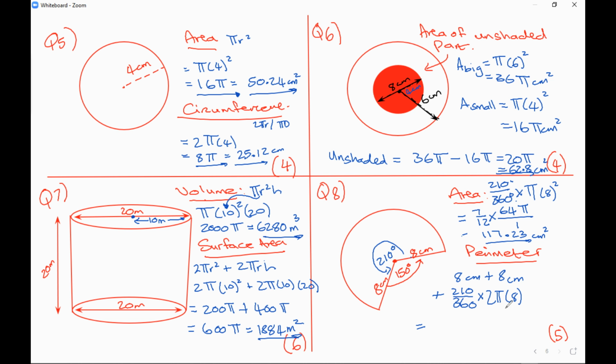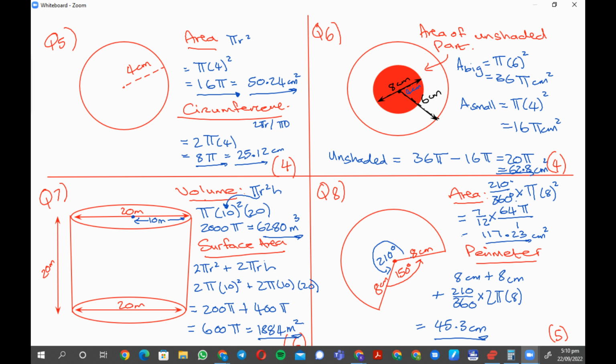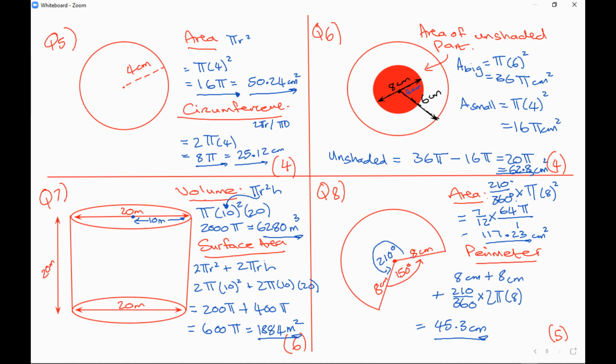This will come to 29.30, and then plus 16, because that's the other two sides, comes to 45.3. 45.3 centimeters, because it's a perimeter. It will be 45.3 centimeters for that.